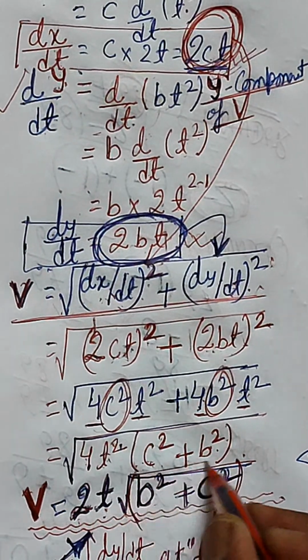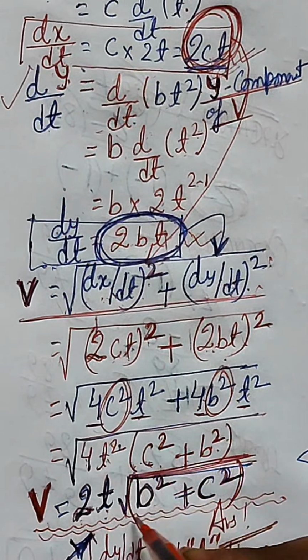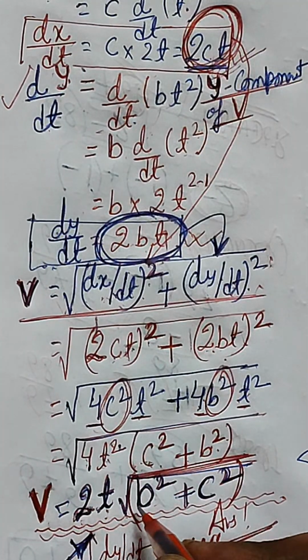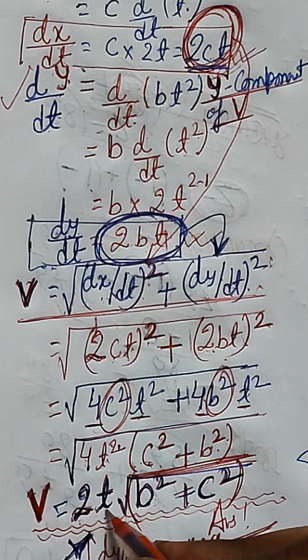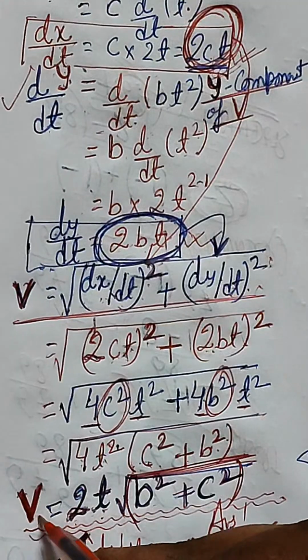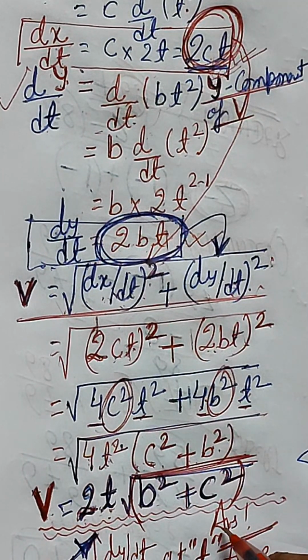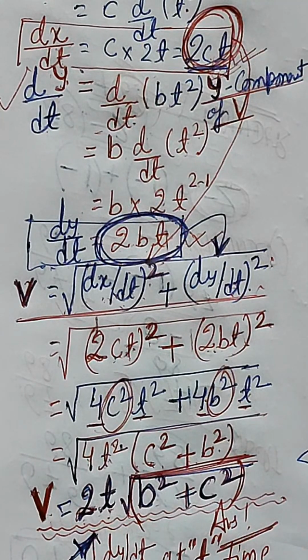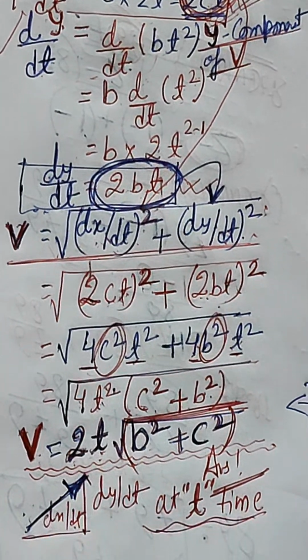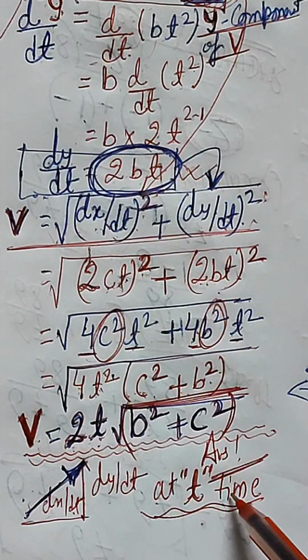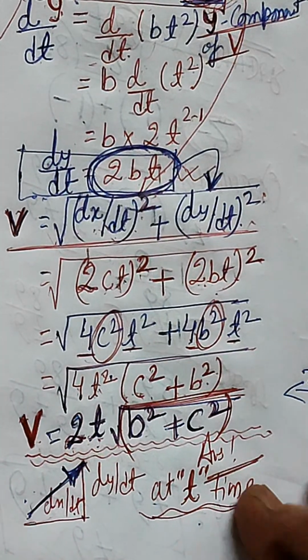So root over of b square plus c square will be multiplied with this 2t, and this will give you the v, that is the speed of the body at a particular instant of time t, at t time, right?